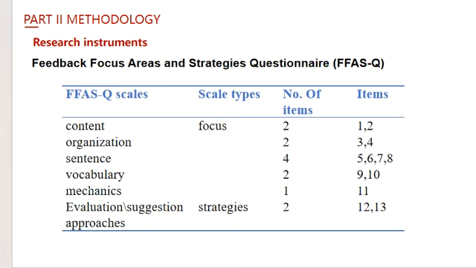And these scales can be grouped into two types. One is the feedback focus and another is feedback strategies. And the number of items of this questionnaire is 13. And the questionnaire underwent adaptation and translation into Chinese to enhance comprehension and validation for the EFL learners.